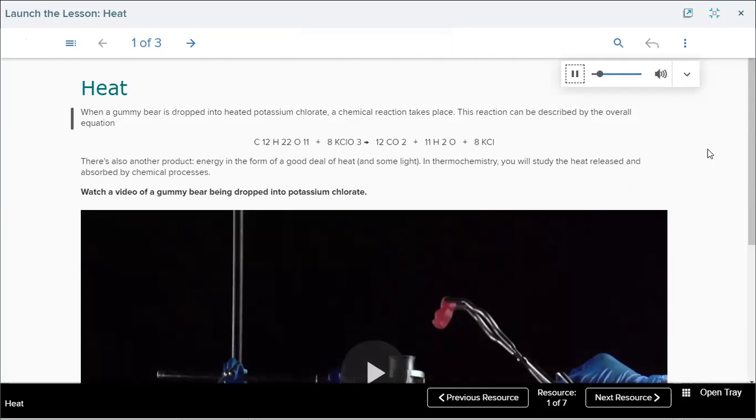This reaction can be described by the overall equation: C12H22O11 + 8 KClO3 → 12 CO2 + 11 H2O + 8 KCl. There's also another product, energy in the form of a good deal of heat and some light.